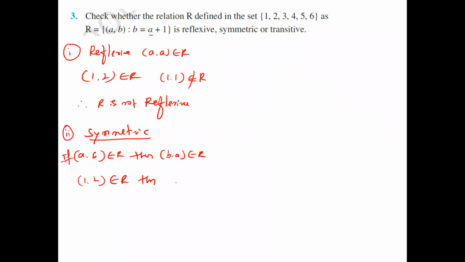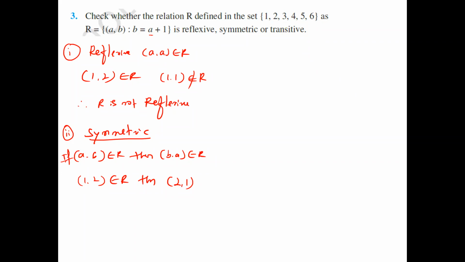Then what about 2 comma 1? Try to understand this: here 2 is nothing but the A value. It will be interchanged. First coordinate is always the A value, second coordinate is always the B value.